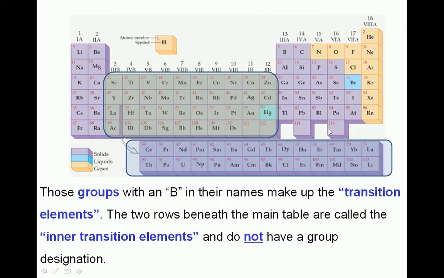This block, what we call the inner transition elements, is most commonly extracted from the periodic table, and the periodic table pushed together so it fits conveniently on one page. These two rows that appear underneath the periodic table do not have a group designation.